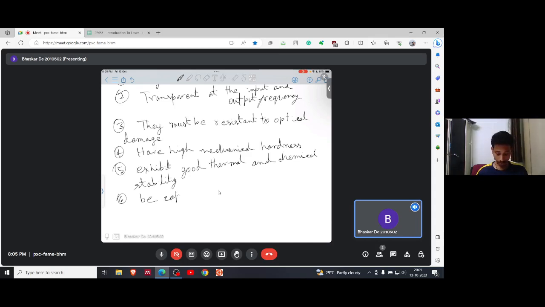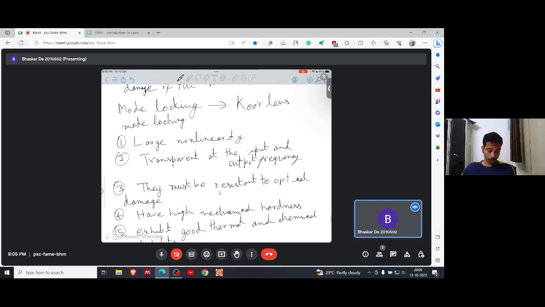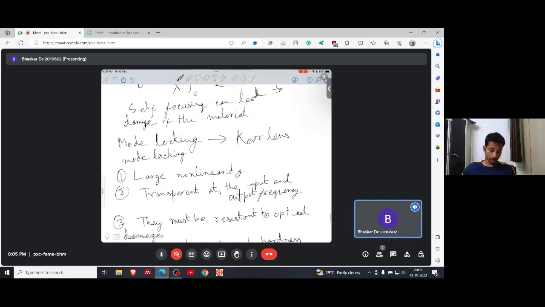Be capable of being grown in useful sizes. So these are the criteria for these nonlinear materials.